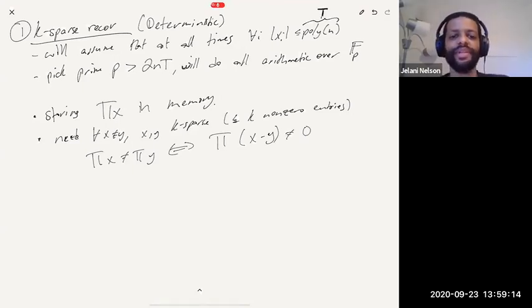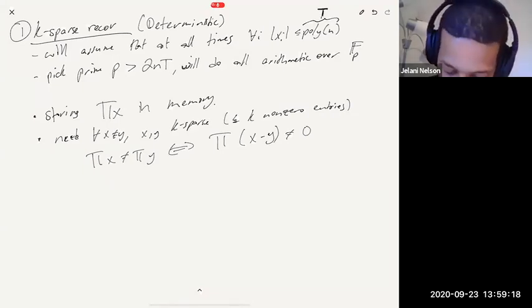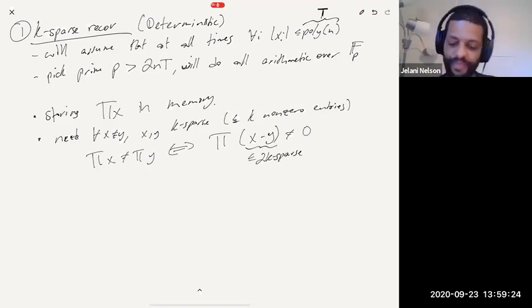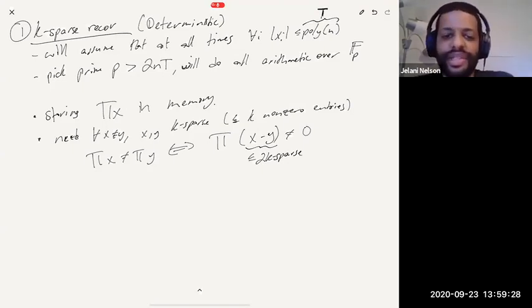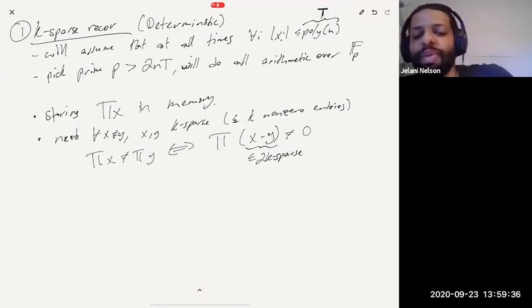So in other words, notice, by the way, that this vector x minus y is at most 2k-sparse. As a vector it has at most 2k non-zero entries, since x and y each have at most k. So it suffices to have that no 2k-sparse vector is in the kernel of pi.